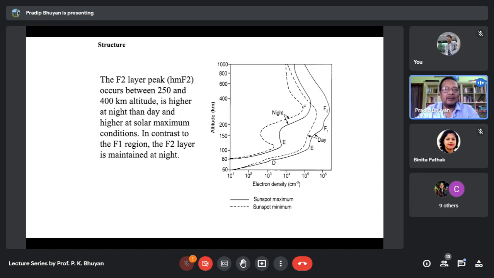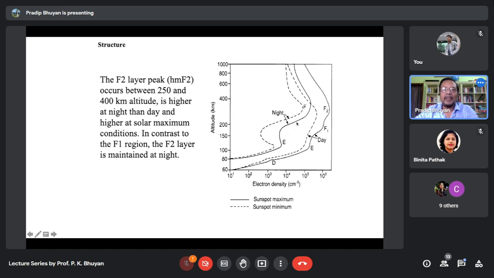Then from late evening, midnight, till morning hours, you will get only two layers. Instead of D, E, and F, you will get only E and F. So here we have four profiles. This is for day, this is for night. The black line is for day, the dashed line is for night.